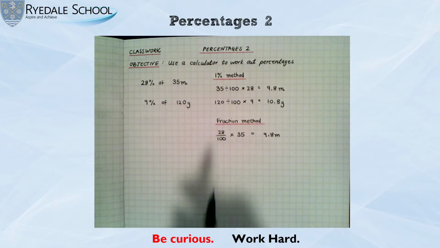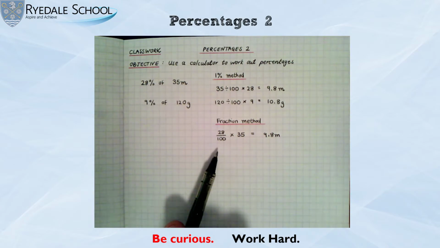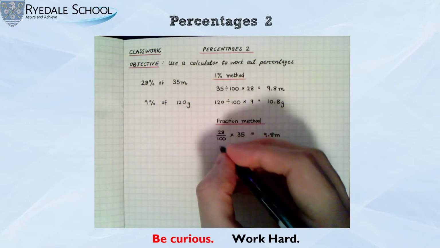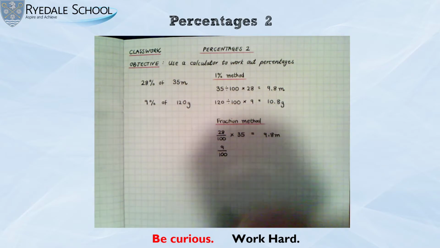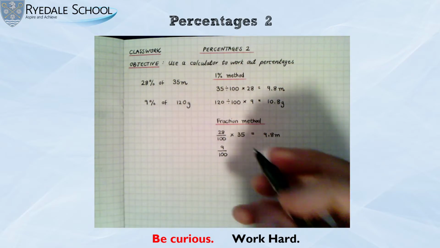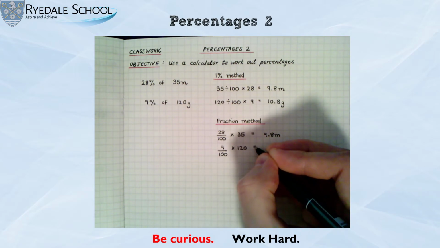So if I was going to use the fraction method for this question, what do you think I should be writing into my calculator? Well, 9%, well that's 9 out of 100. And then times my quantity, which was 120.